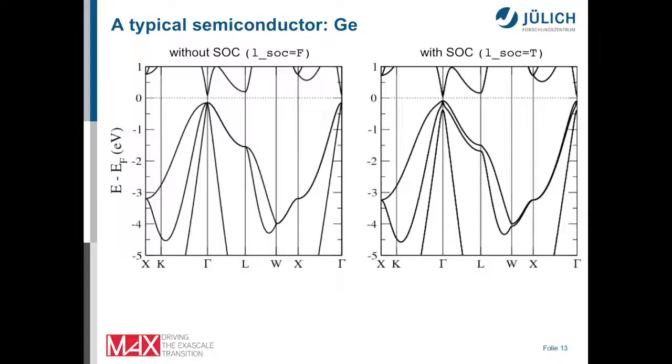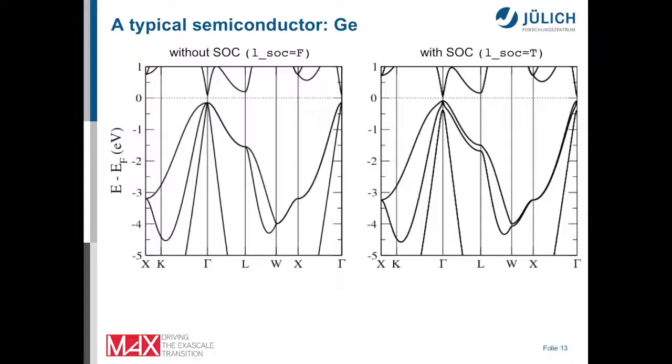So the band structures, they look very, very similar. And here you have a calculation without spin-orbit coupling, and here with spin-orbit coupling. So in your input file, this means that this SOC switch is true here, and false here. Now you have to put this into quotation marks if you want your input file to work. And then you see the difference.